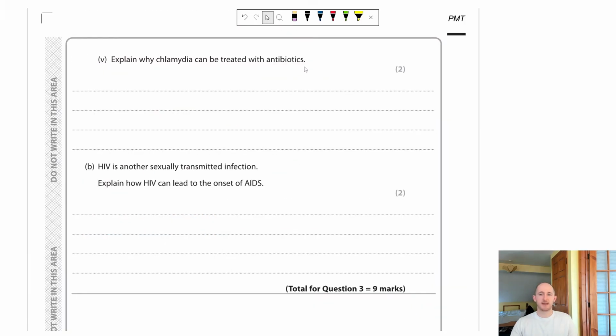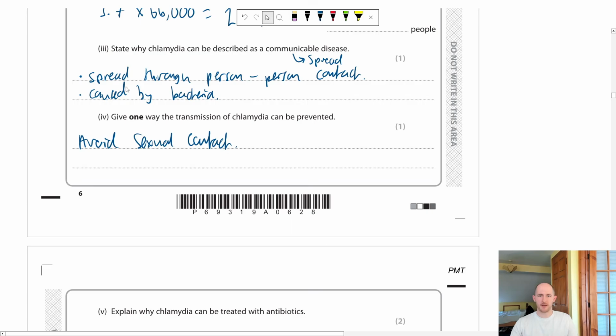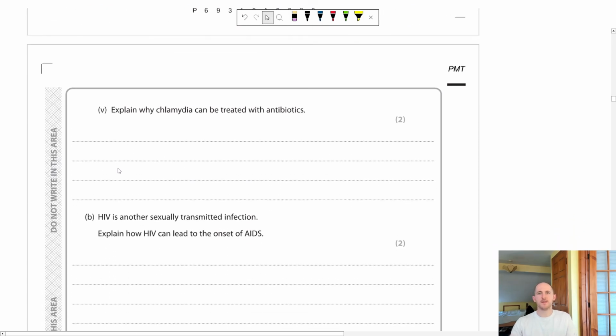Explain why chlamydia can be treated with antibiotics. So if you forgot that it's a bacterial infection, you're kind of screwed now, because antibiotics only work with bacterial infections, which is a really common misconception. You can't use them for something like the common cold or flu. It has to be a bacterial infection. So, because it is killed by antibiotics.